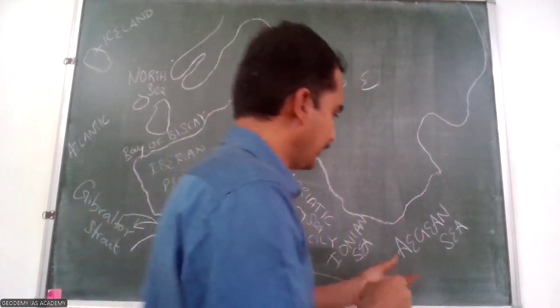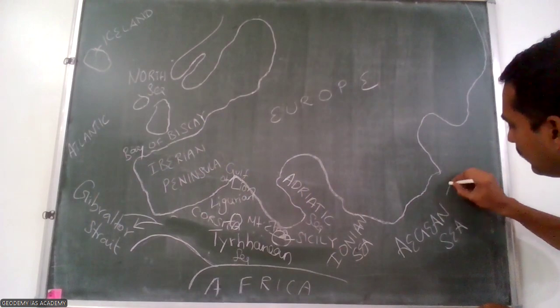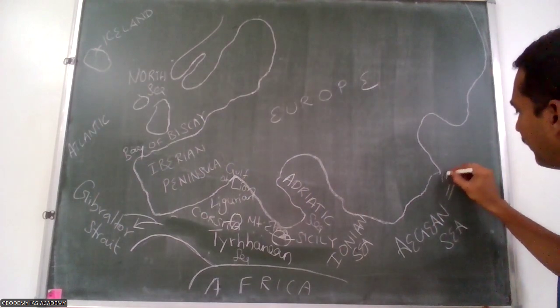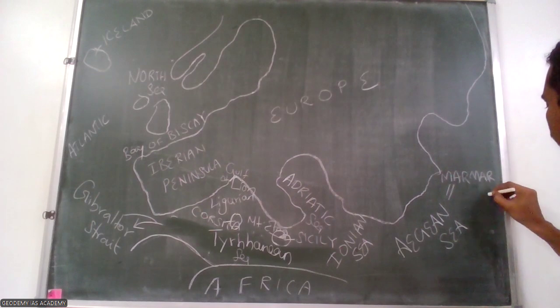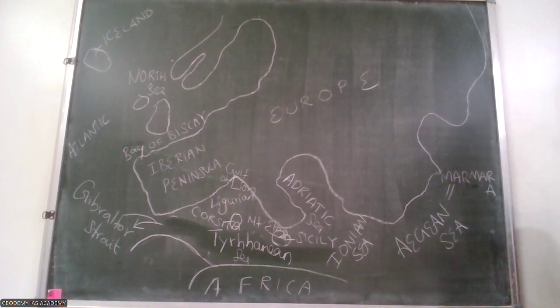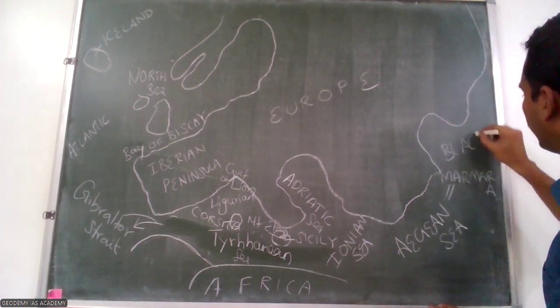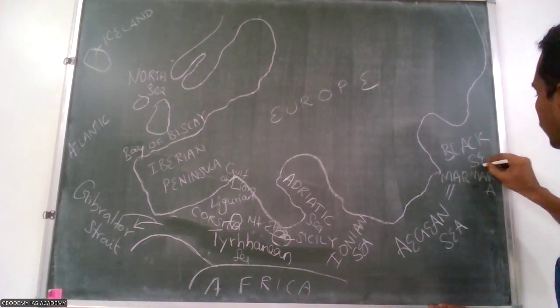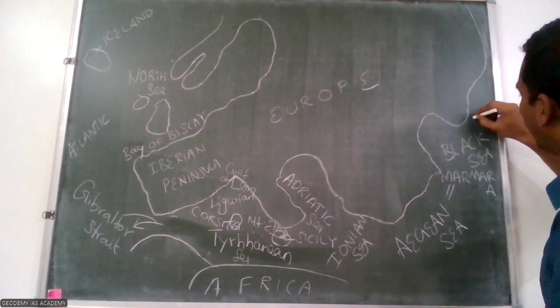Here is the Aegean Sea, and then a small inlet, the Sea of Marmara, in the west of Turkey. Then the Black Sea, which is most important, and then the Sea of Azov.